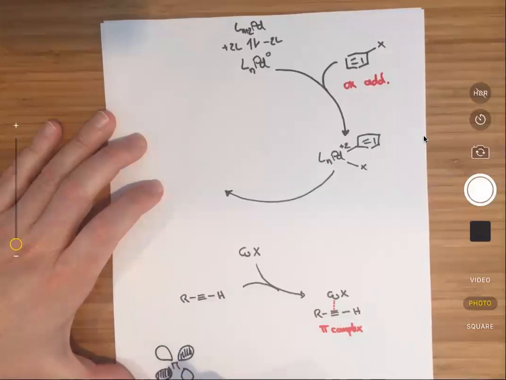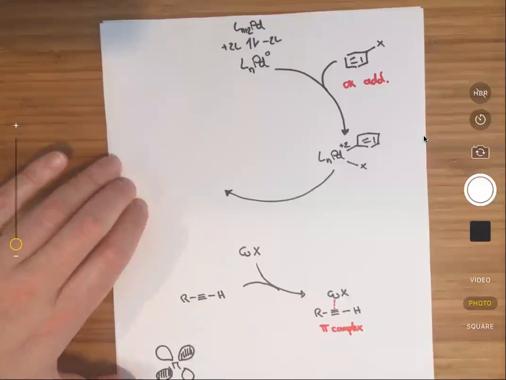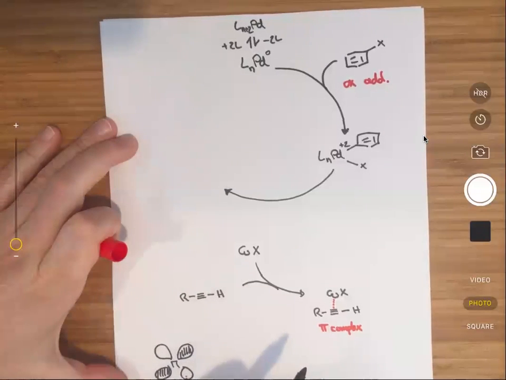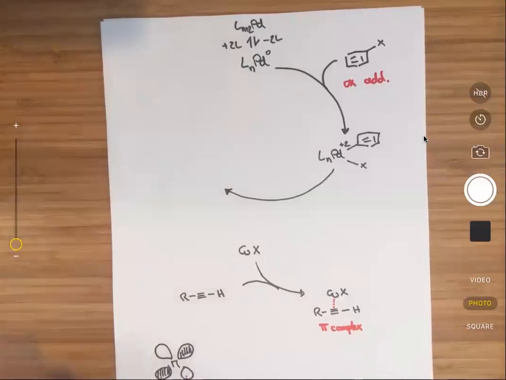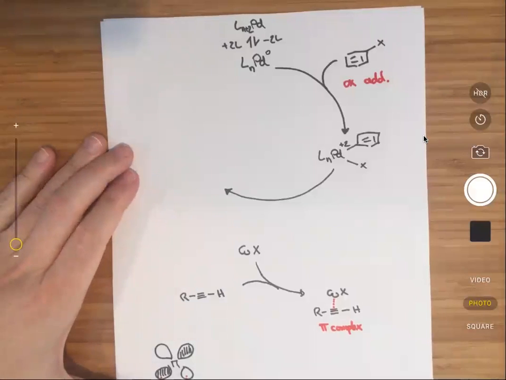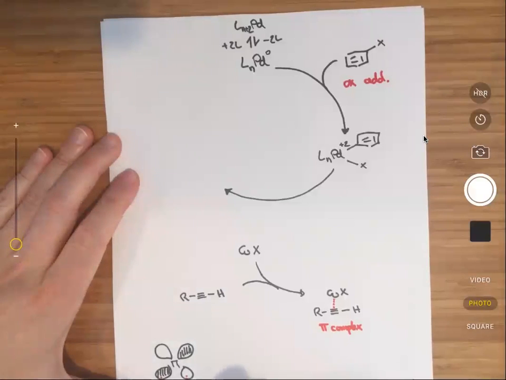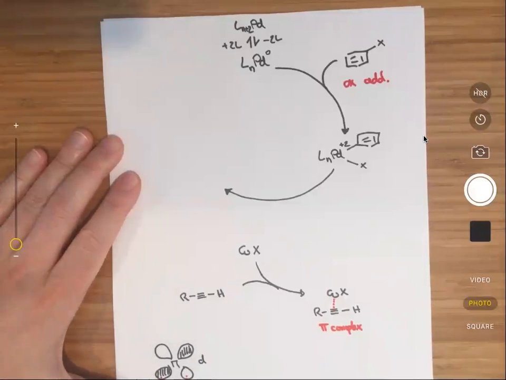And then you have the pi bond over here. And you can quickly see that you can form a favorable overlap between these orbitals here and these orbitals here, which would be basically an overlap between the filled d orbitals and the empty pi orbitals. So this would be pi star. And this is just a filled d orbital on the metal. So this is the type of interaction that you create in this pi complex here.